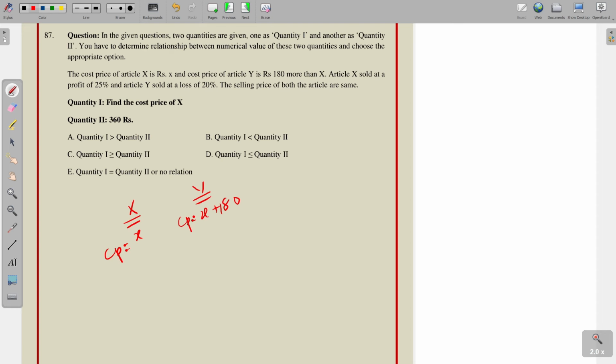Next one, article x is sold at 25% profit, article y is sold at 20% loss. Therefore, the selling prices of both articles are same. It is 5x by 4 is the selling price of x, and 4 into 4 by 5 of x plus 180 is the selling price of y.